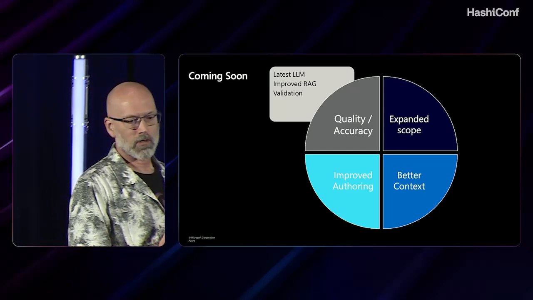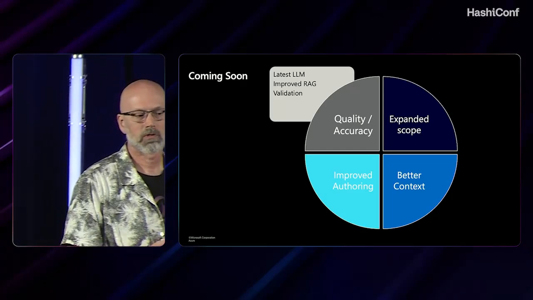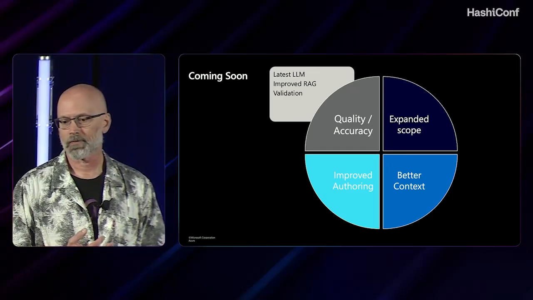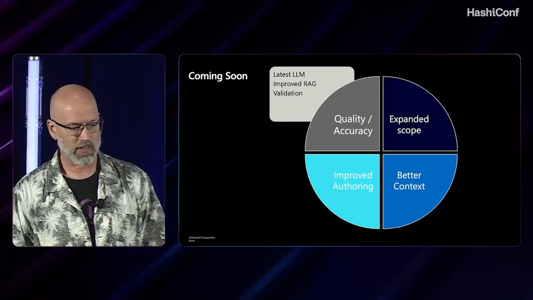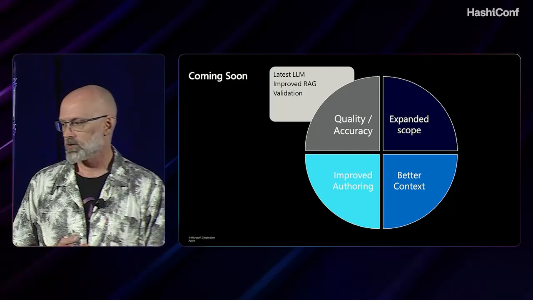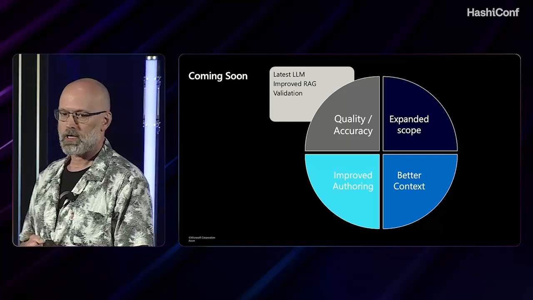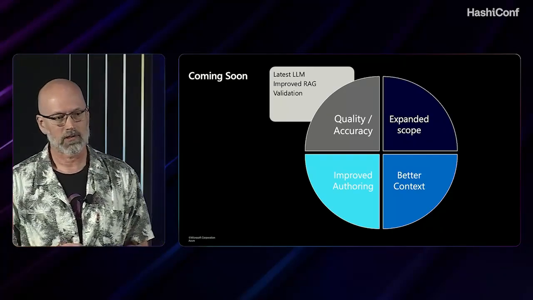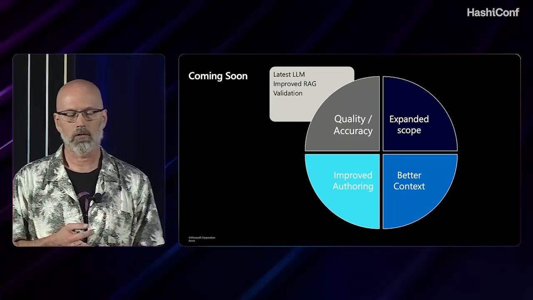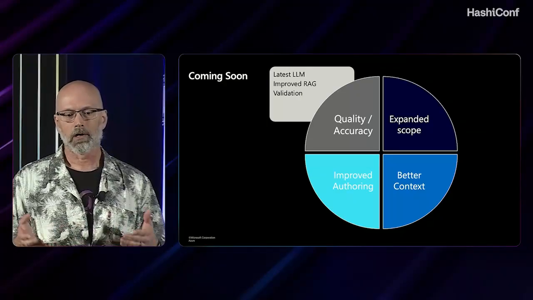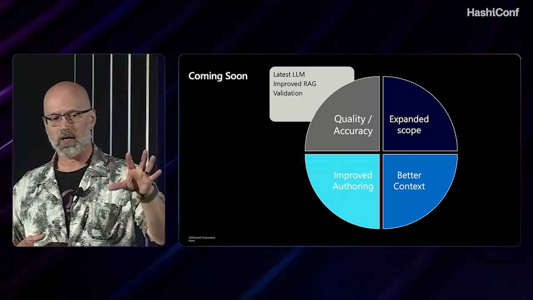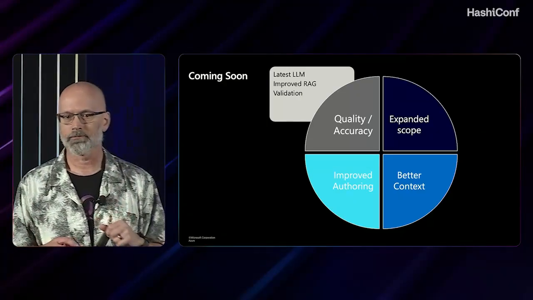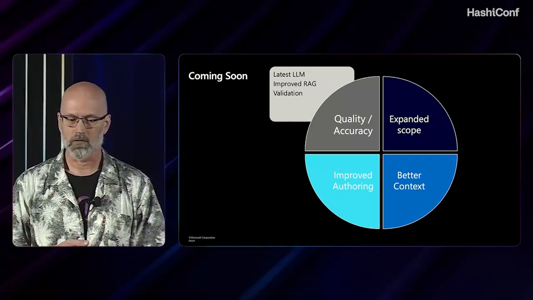We are working on our RAG approach and other approaches to increase the chances of answering your questions accurately. And we're also looking at doing validation. So right now, the process that we take is we go through the RAG process, send some examples to the LLM with your question and get a response back and return that to you.